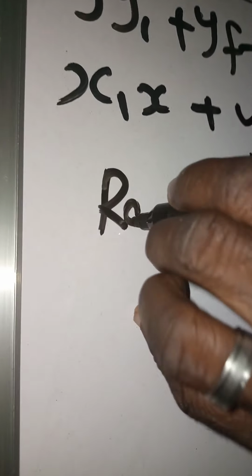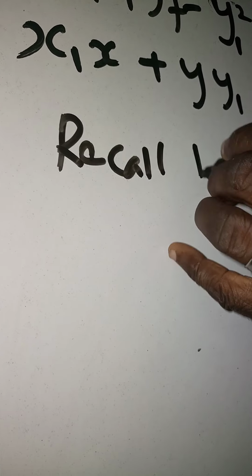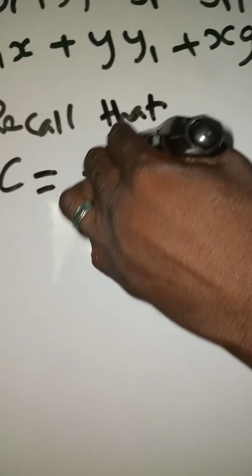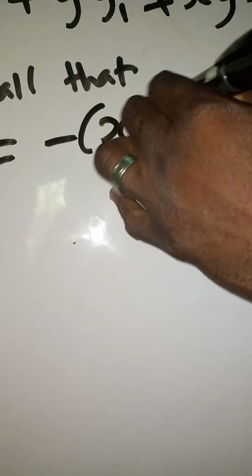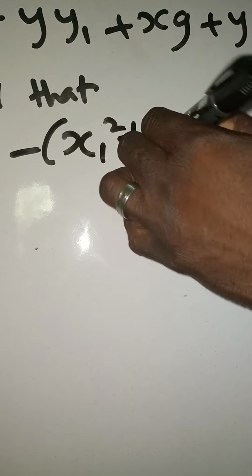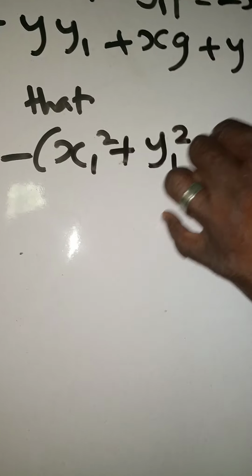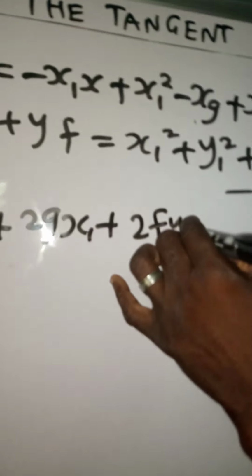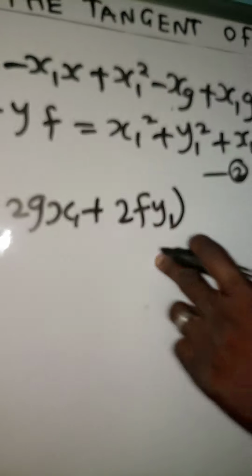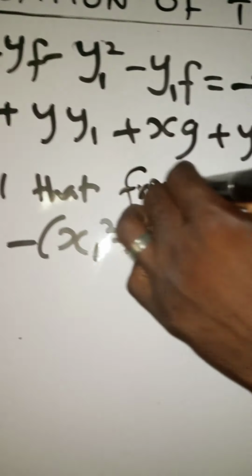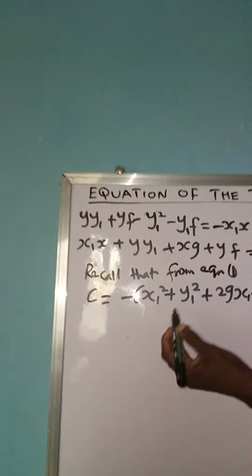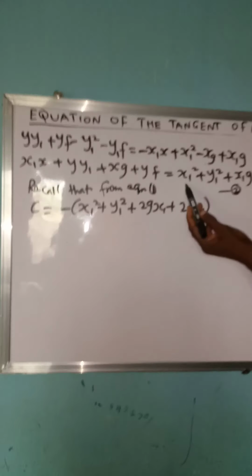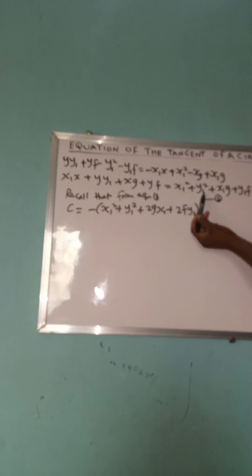Recall that c is equal to minus x1 square plus y1 square plus 2gx1 plus 2fy1. This is equation 1. Recall from equation 1, when you compare this and the right hand side, you have x1 square, y1 square.